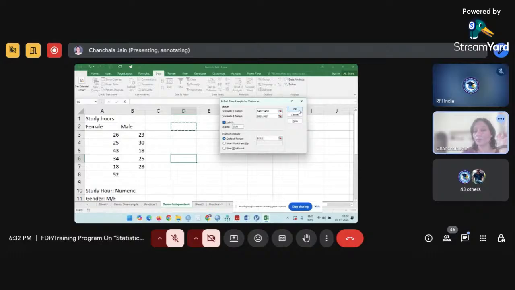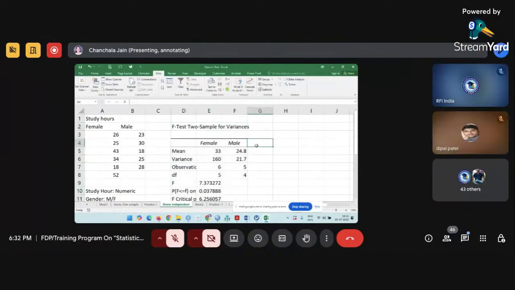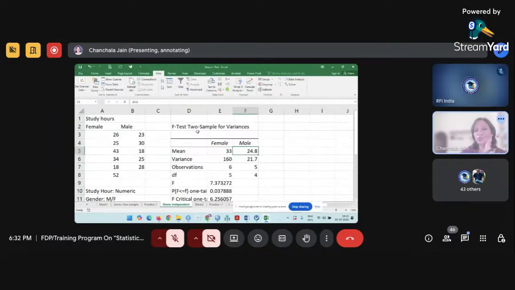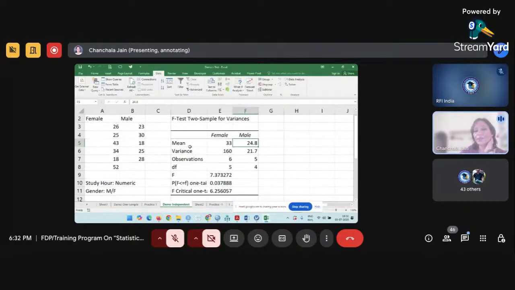Yes, ma'am. So the output is generated by Excel for us. You can check here. This is telling you F-test two-sample for variances. Initially, we are getting the descriptive statistics, which show the mean, variance, and number of observations.